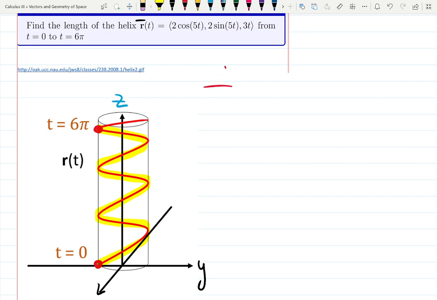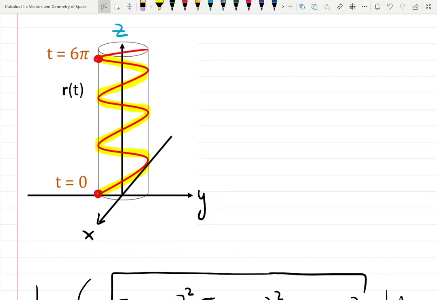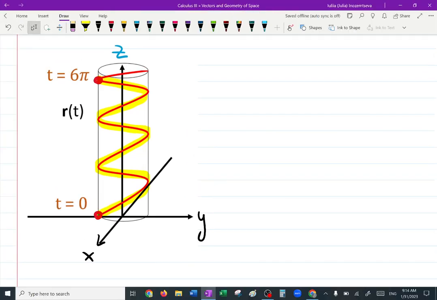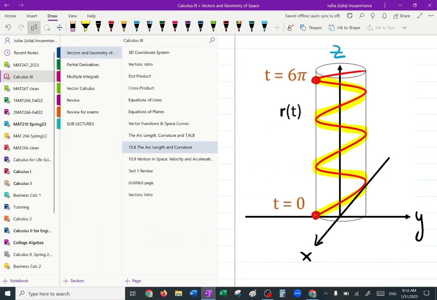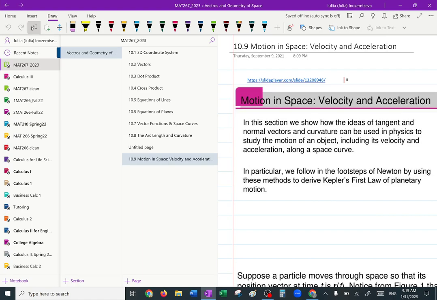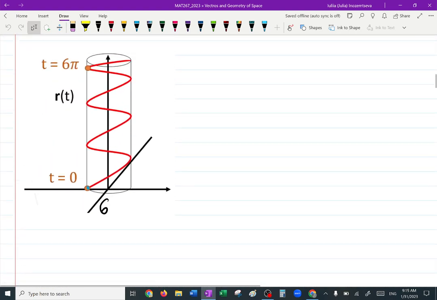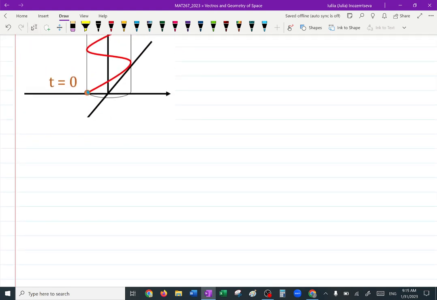I guess I should go down below. That's a wrong note. Here it is. Yeah, much better. Solution.